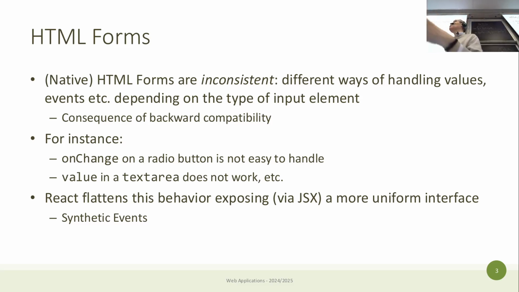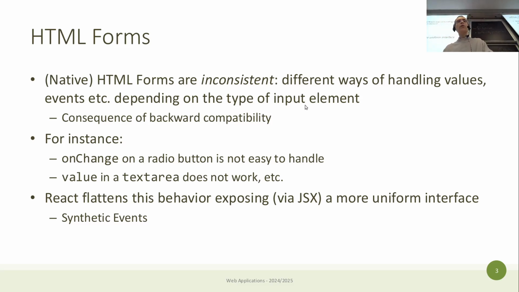But there are also tags like button or the text area and stuff like that. By the way, this inconsistency comes from the very old days of HTML. It was there in the first version of HTML, almost. So the native HTML forms are inconsistent because they have to be backward compatible, basically.